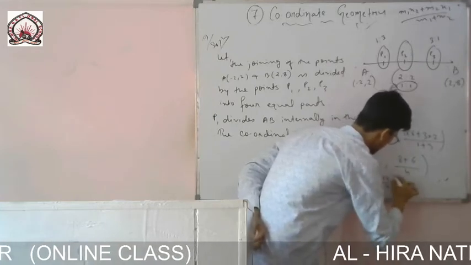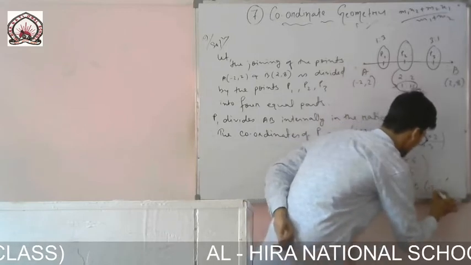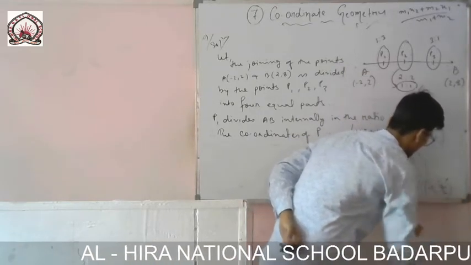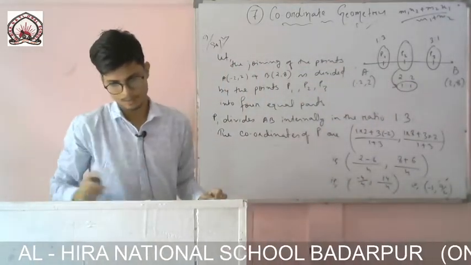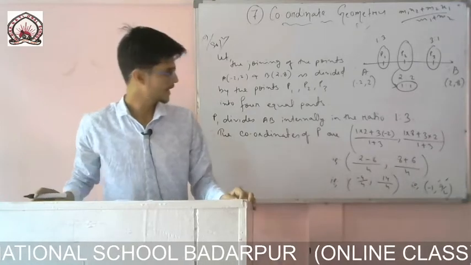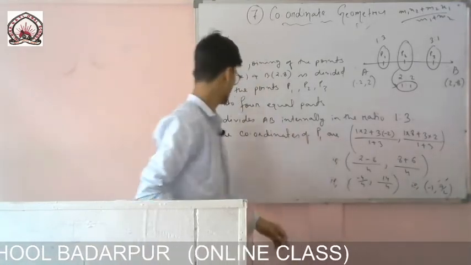If I cancel it, the value will be minus 1, and for the other one it will be 7 by 2. So P1 is minus 1, comma 7 by 2.